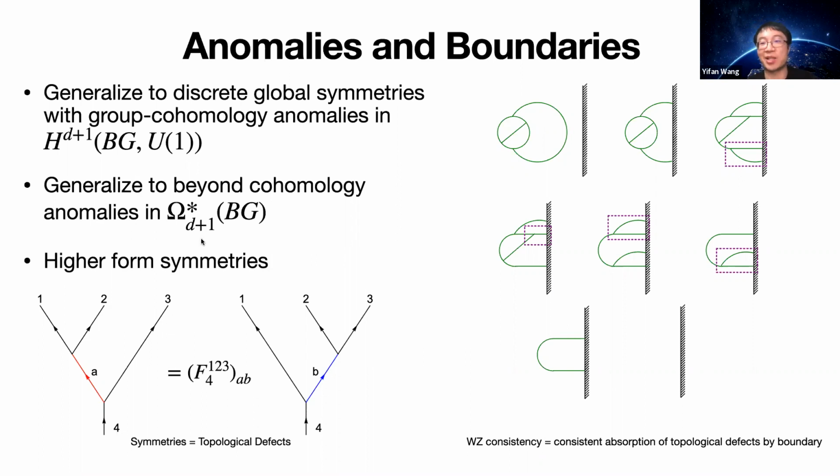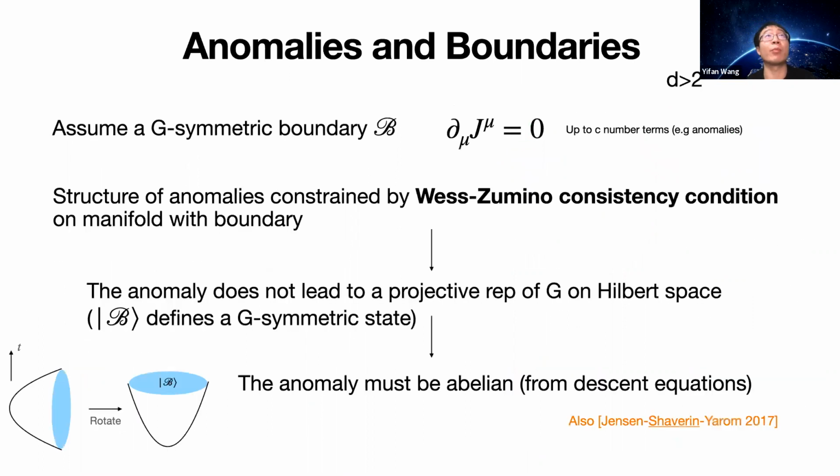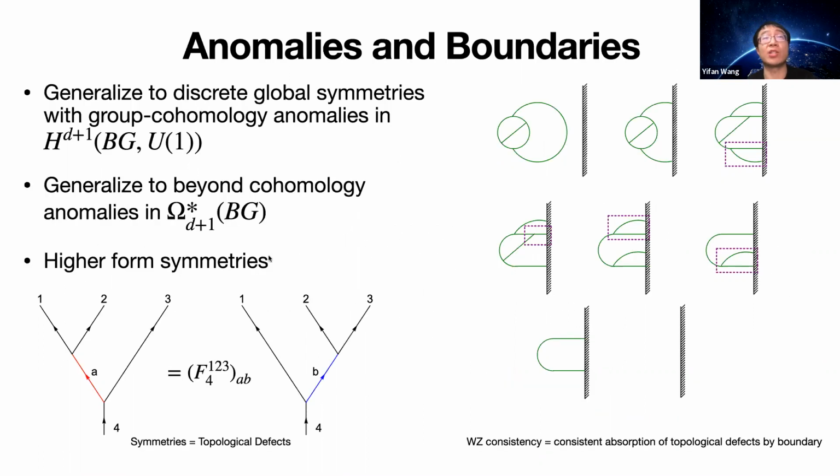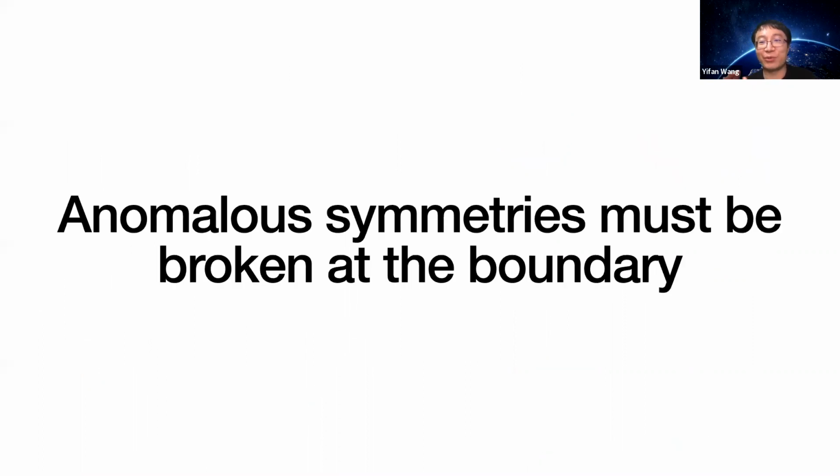The technicality is not important, but the method that we use to prove these things can be extended to these discrete symmetries, and the same result carries over. So for this talk, we just need to remember the slogan that anomalous symmetries in a quantum field theory must be broken at the boundary.